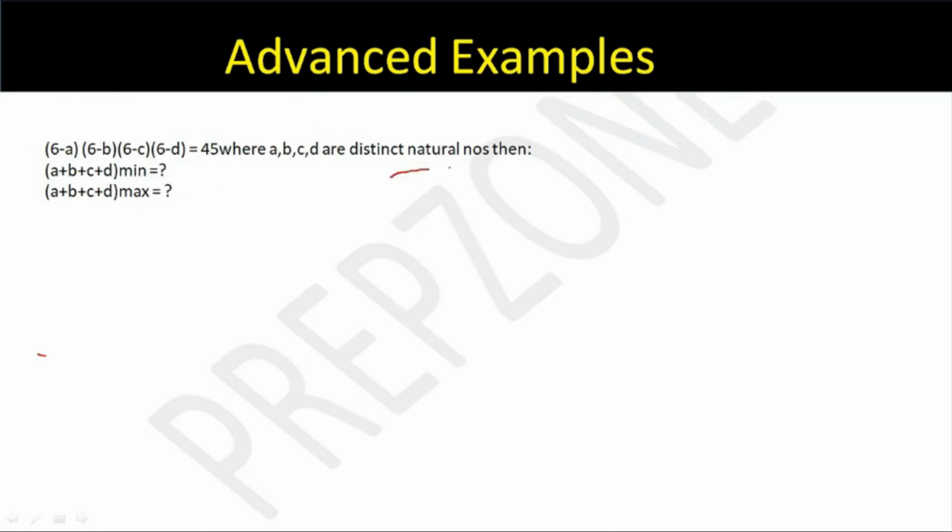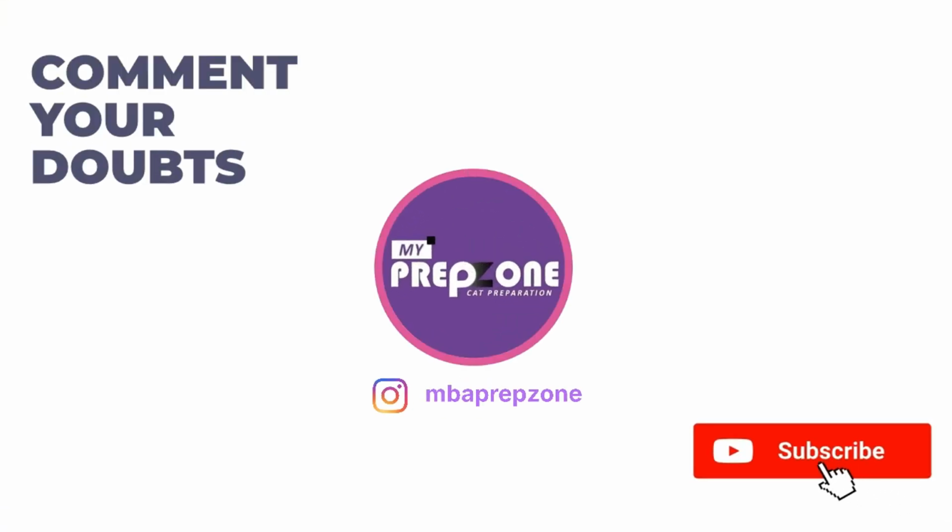A, B, C, D are distinct natural numbers, as given to you. So use that condition to break it into this format and try to come up with some values. The answers are 20 and 36. But I want you to apply your mind similar to how we did in the last few questions.